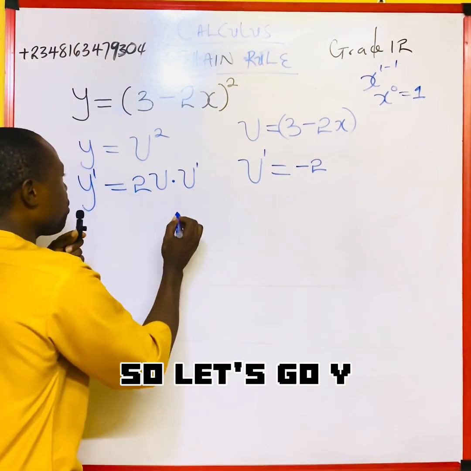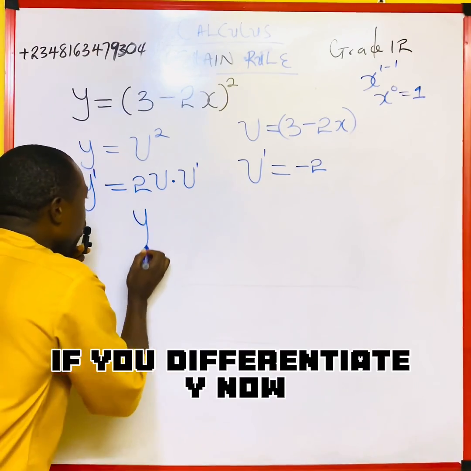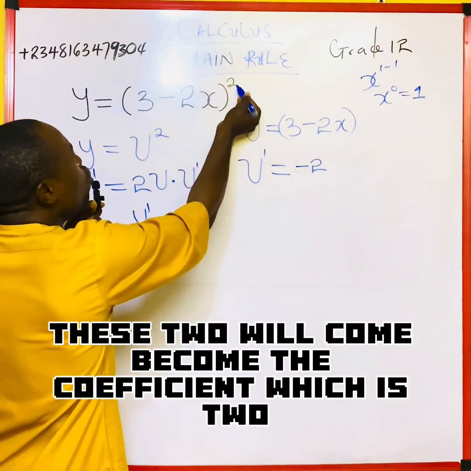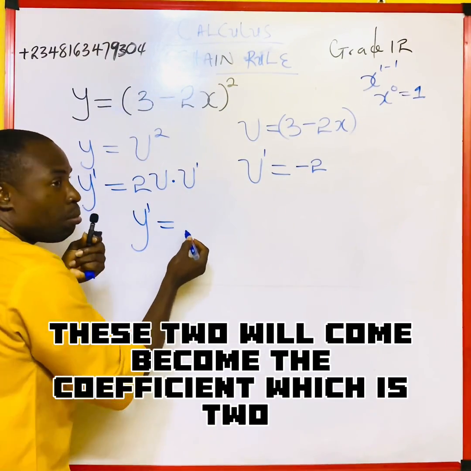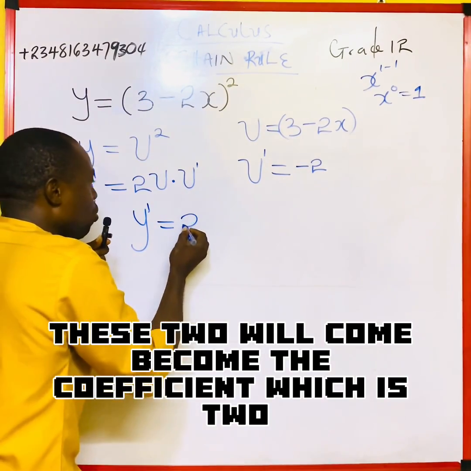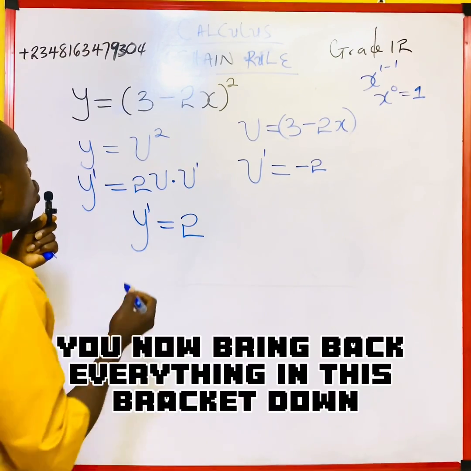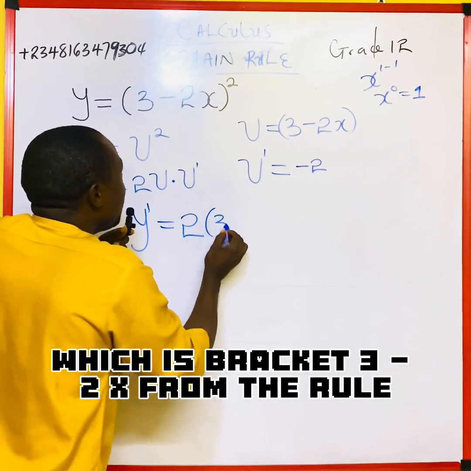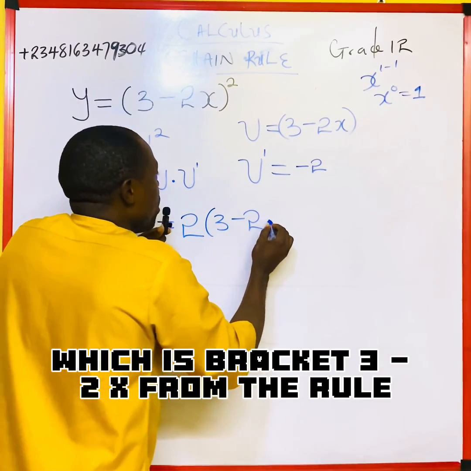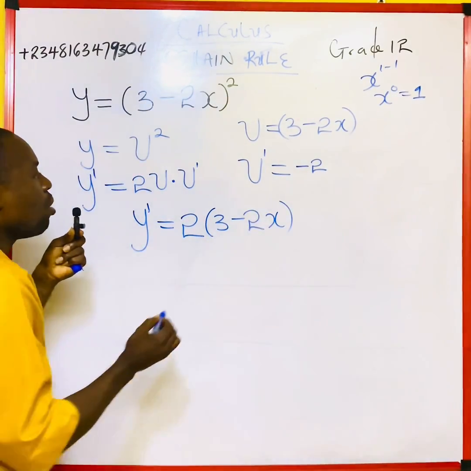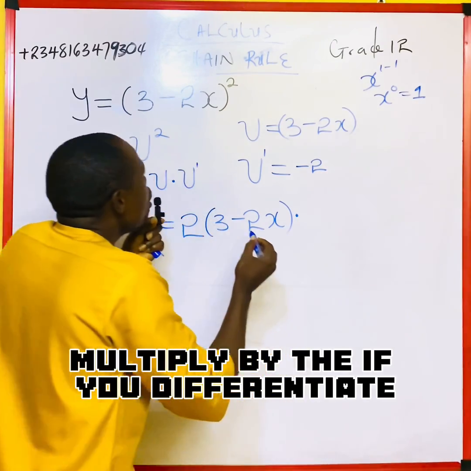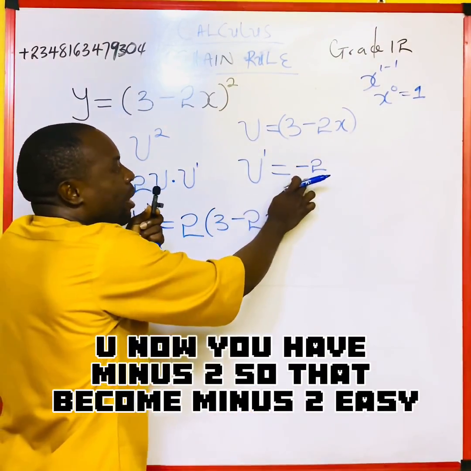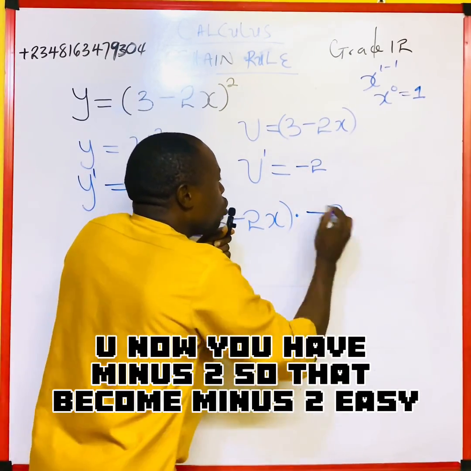So let's go. If you differentiate y now, following the rule, this power 2 will become the coefficient, which is 2. You now bring back everything in this bracket down, which is bracket 3 minus 2x, from the rule, multiplied by, if you differentiate u now, you add minus 2.